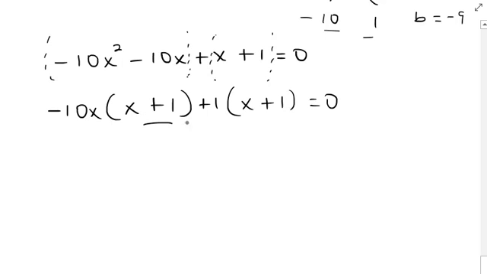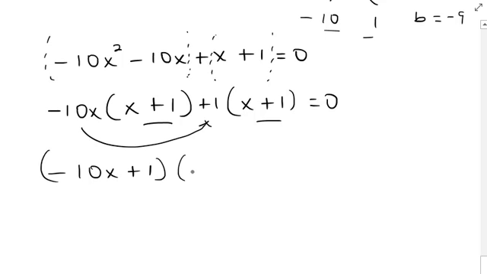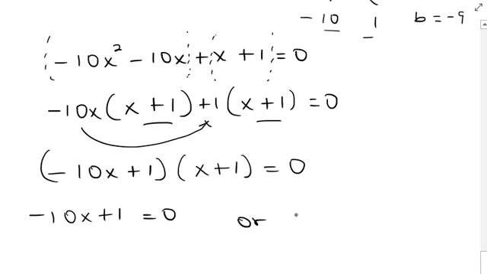So these are replicas. We just choose one of them, and then we form an equation with this, which is minus 10x plus 1. That's one equation, and we just select the other one, x plus 1 equals 0. So we need to simplify minus 10x plus 1 equals 0, or x plus 1 equals 0.